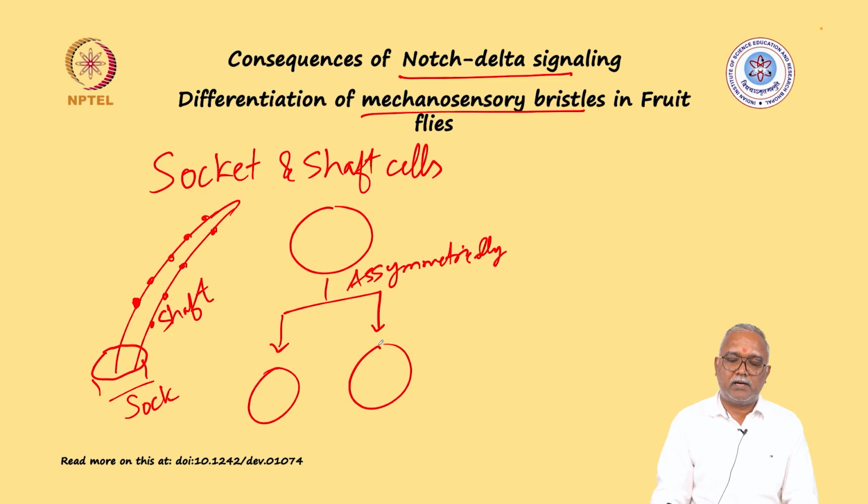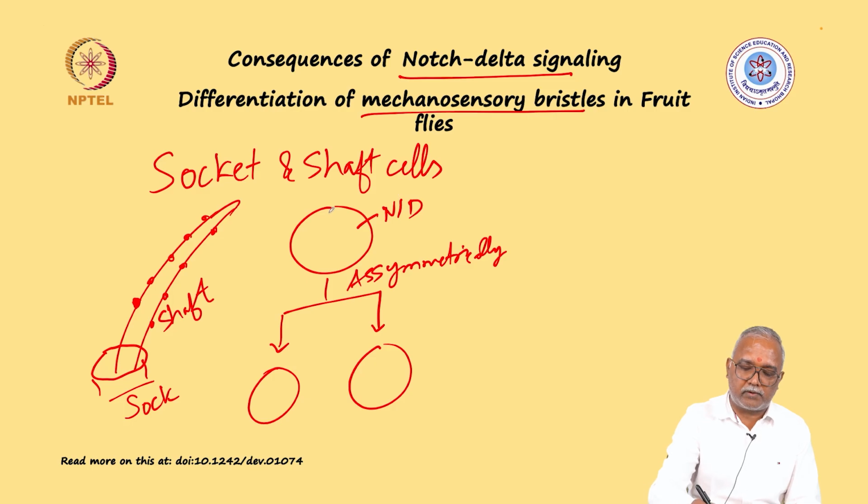Remember, this cell is expressing both Notch and Delta. If I say N and D, both are expressed. However, there is another molecule which regulates Notch function and is localized to one side of this cell. So when asymmetric division happens, it is asymmetric in the sense that this molecule, which is inhibitory to Notch, is present on one side and goes into only one cell.